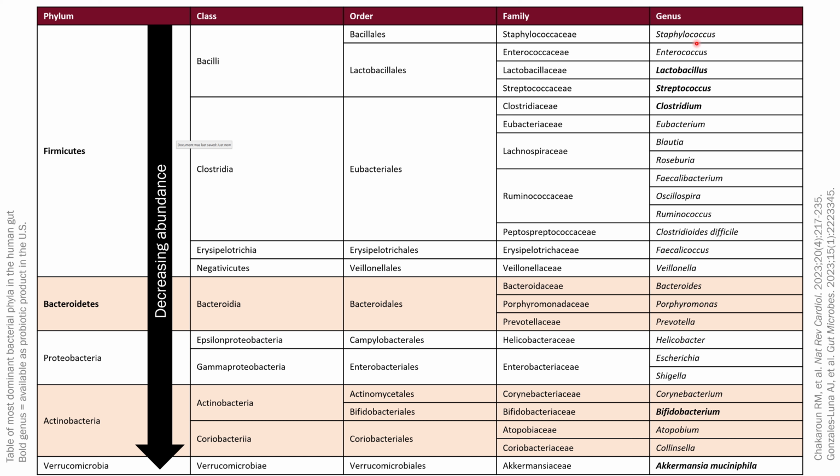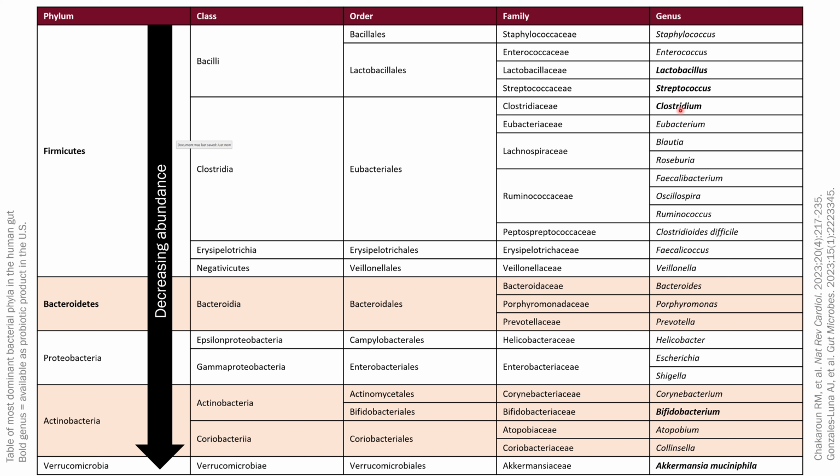Now, you can see that when it comes to genus, there are a lot of them in each of these phyla. The ones that are bolded are specifically the ones that are available as probiotics in the United States. You will see that most probiotic products will include Lactobacillus species, and Lactobacillus has many different species that are not listed here.